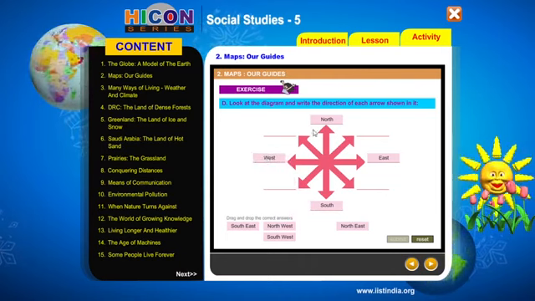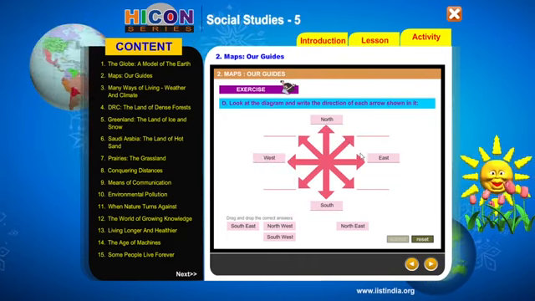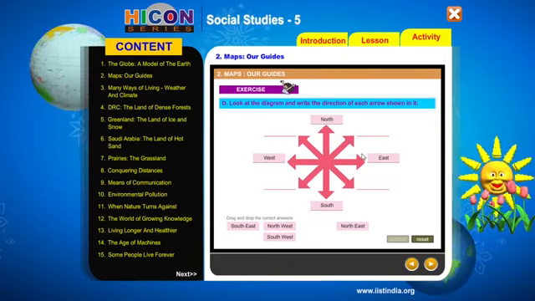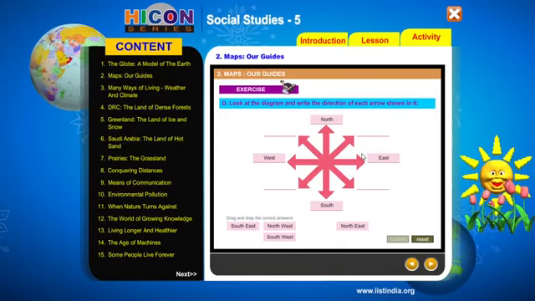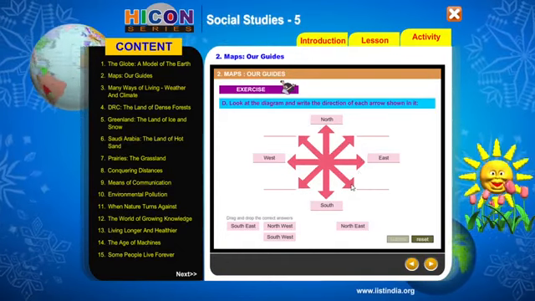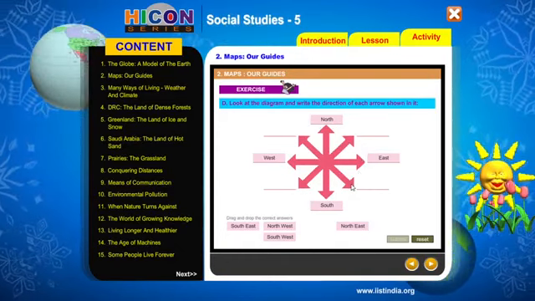So the top is north, to the right of the north is east direction, the opposite to the north is south direction, and the left of north is west direction. So the cardinal directions north, south, east and west we have already marked, and now we need to mark the intermediate directions. Okay.